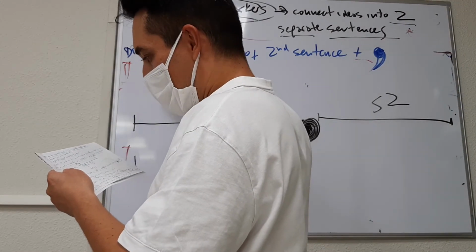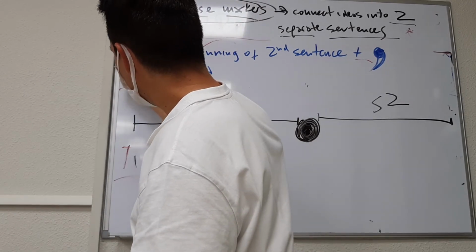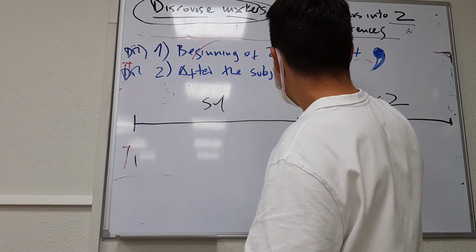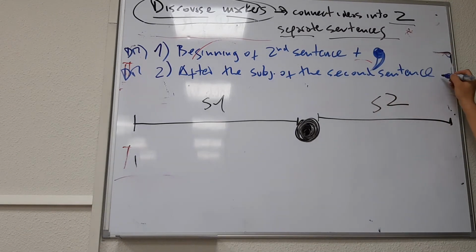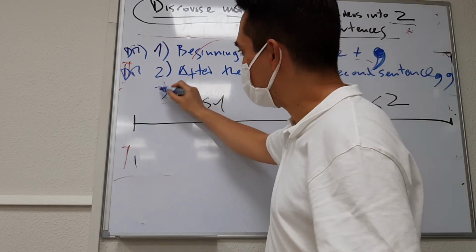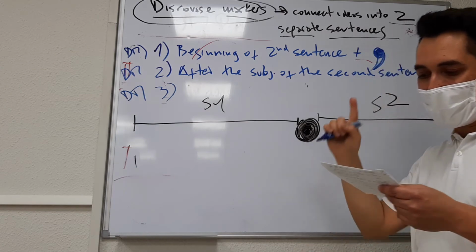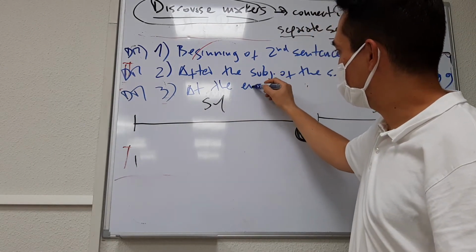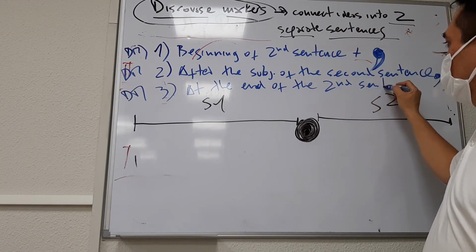Possibility number 2, after the subject of the second sentence. Also, there will be commas, yeah? And possibility number 3, you can insert a discourse marker at the end of the second sentence.